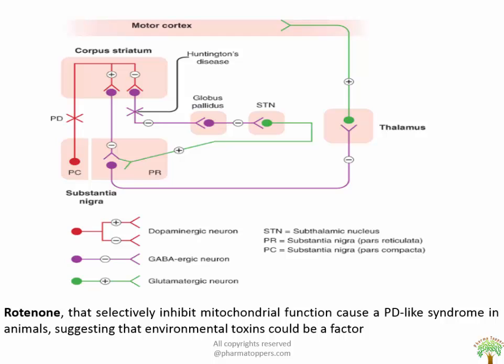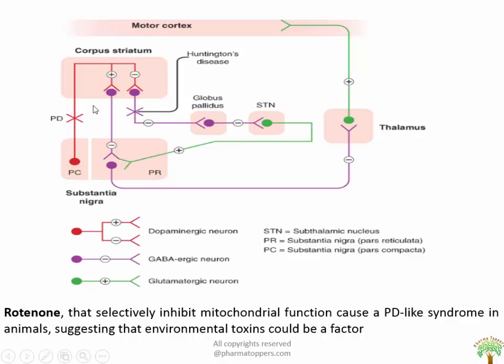So friends, in this figure you could see the pathophysiology of Parkinson disorder, in which the region mostly involved is the substantia nigra, and pars compacta is the main region from where the dopaminergic neuron enters into the corpus striatum region.